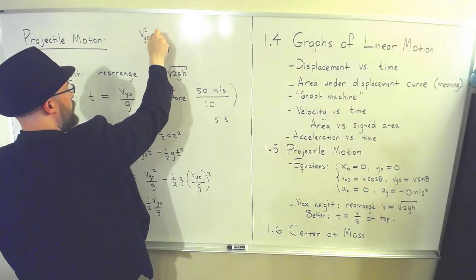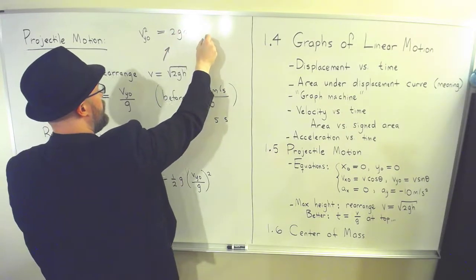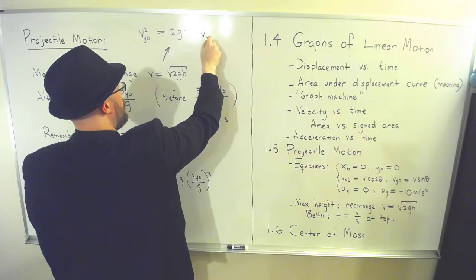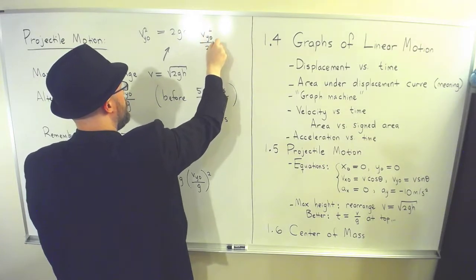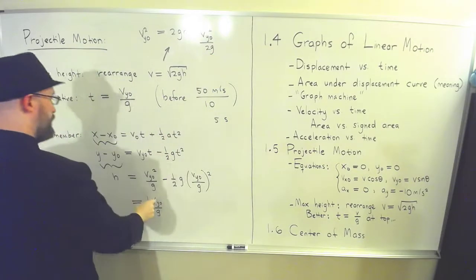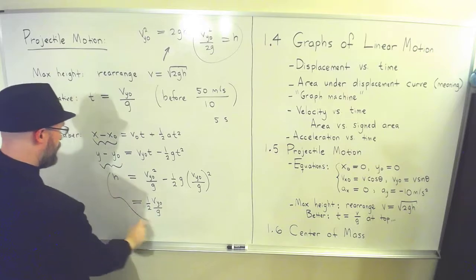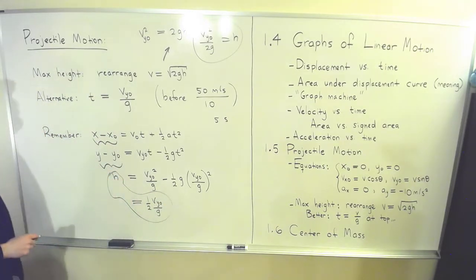And over here I get equals 2gh, and I rearrange this and I get vy0 squared over 2g, which is the same as that, equals h. So that's the same formula as what this is.